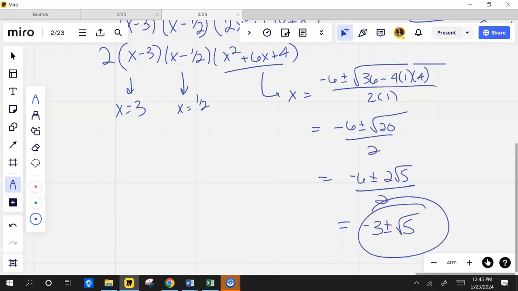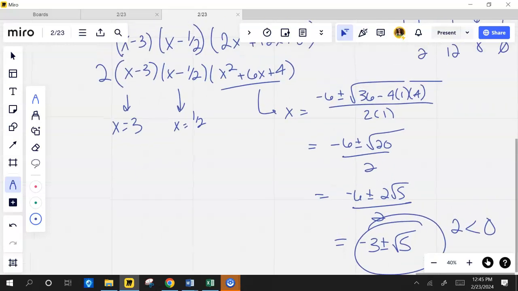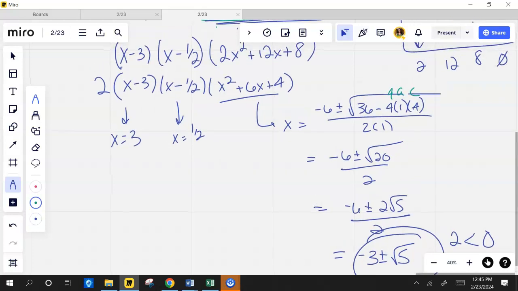So look, 2 negatives. Which will give you negative both times. Whether you add root 5 or subtract root 5, you'll still be in negative land.